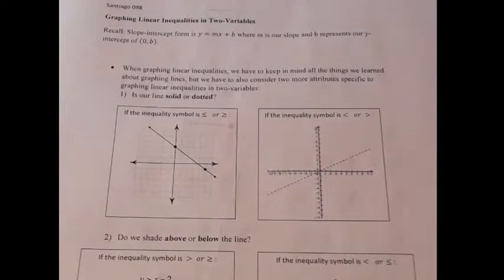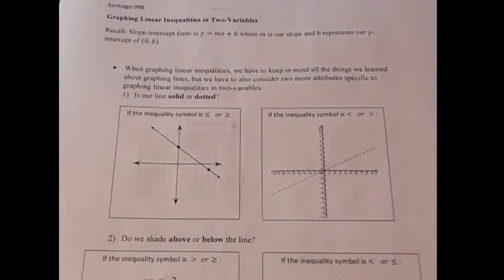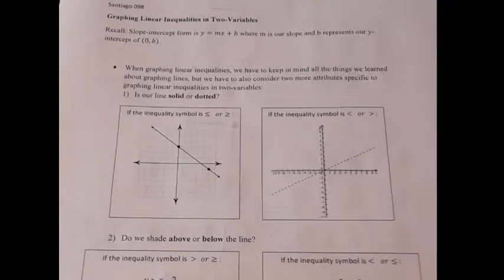Now, there's a couple things we have to consider when we graph linear inequalities. The first thing is, is our line solid or is it dotted? Now here's the trick. We will know our line is solid if the inequality symbol, good morning, Patrick, is less than or equal to or greater than or equal to.